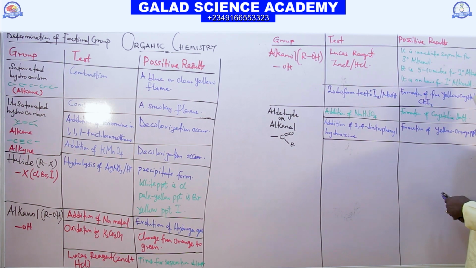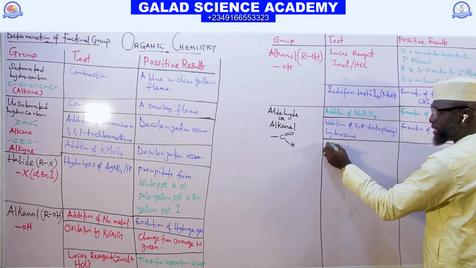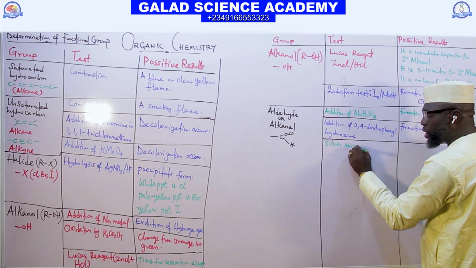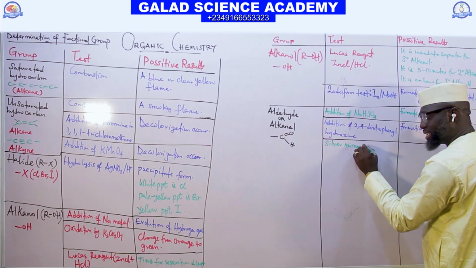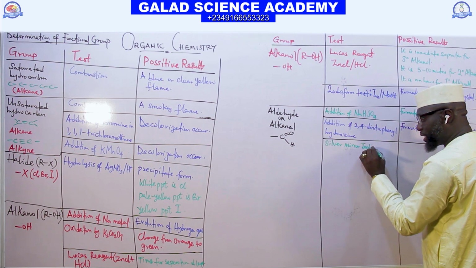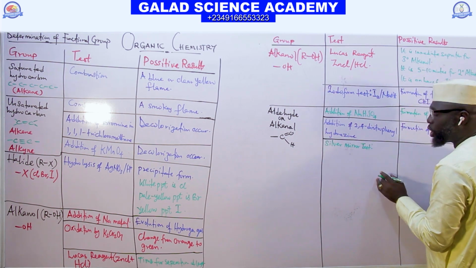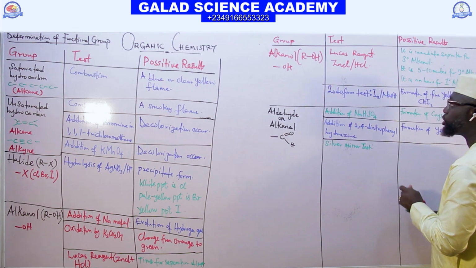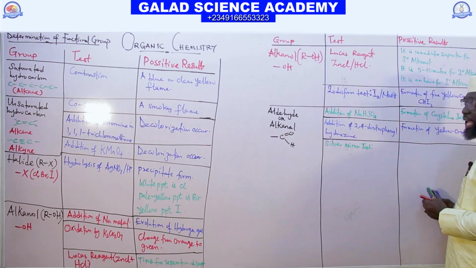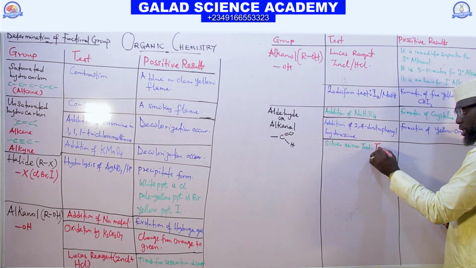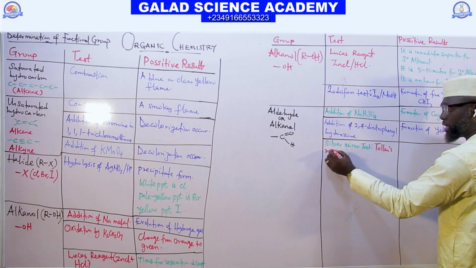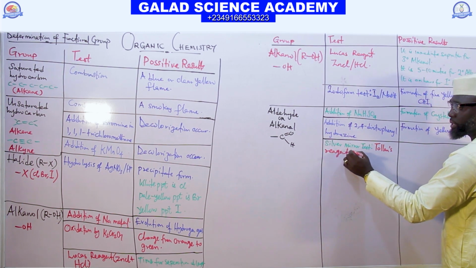The next one is the silver mirror test. The silver mirror test, we can also call it Tollens reagent.